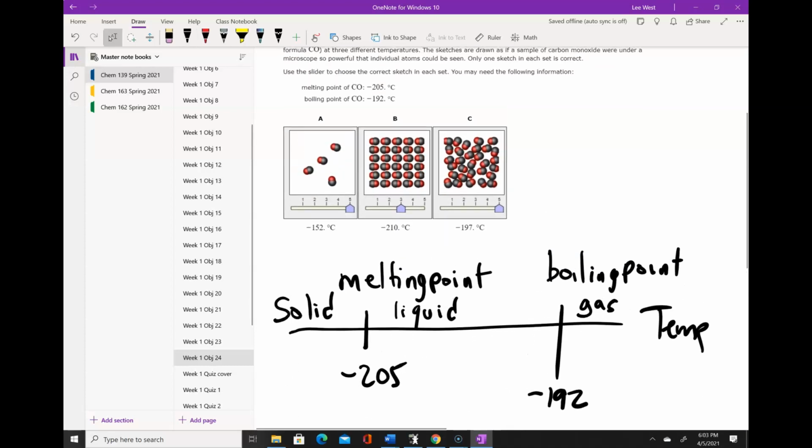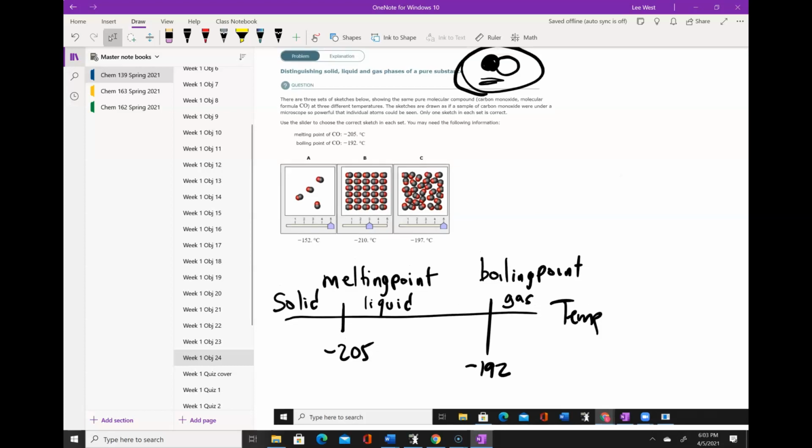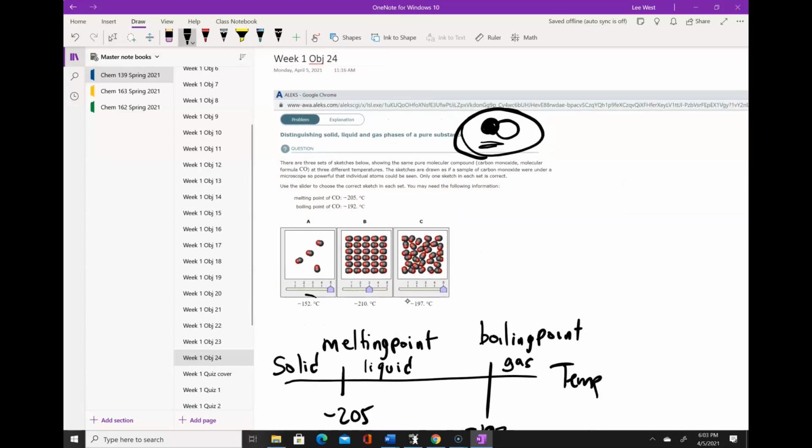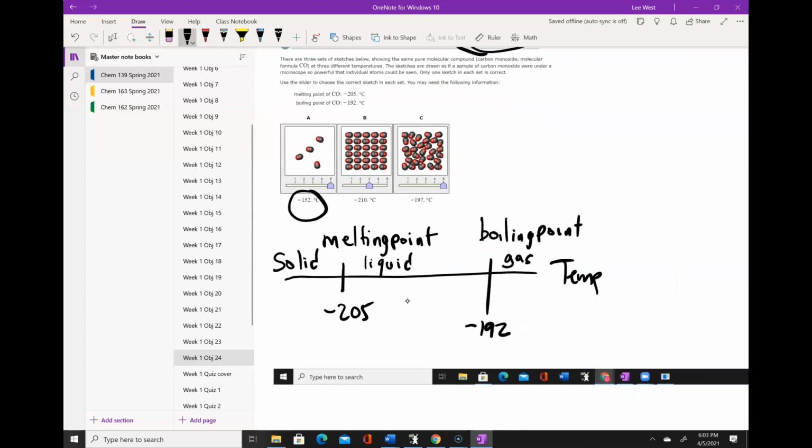So that means at temperatures greater than minus 192, we're going to have a gas. So at minus 152, where are we? Well, we're out here, aren't we? Minus 152 is definitely bigger than minus 192. So I put a gas in there, right? The particles are a long way away from each other.